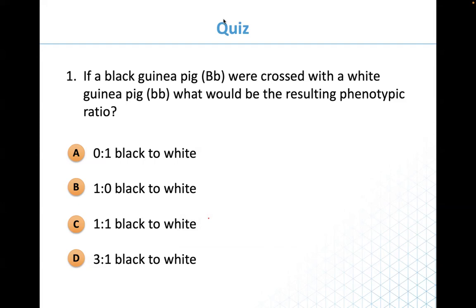So the answer to this is that when you cross a homozygous recessive with a heterozygous dominant, you would have a ratio of 1 to 1. So the answer would be this.